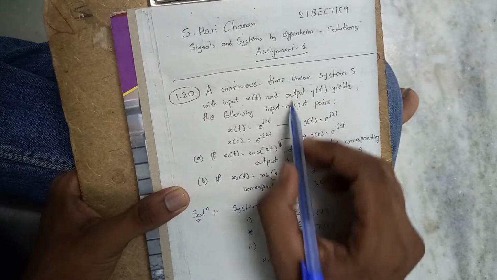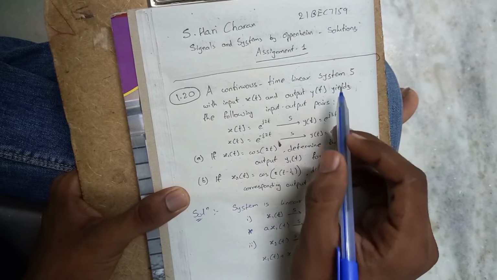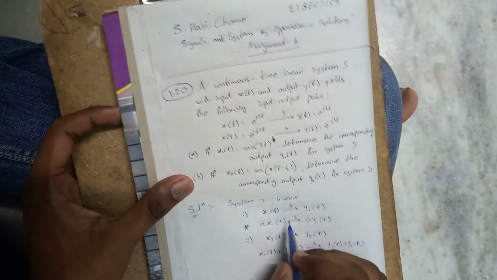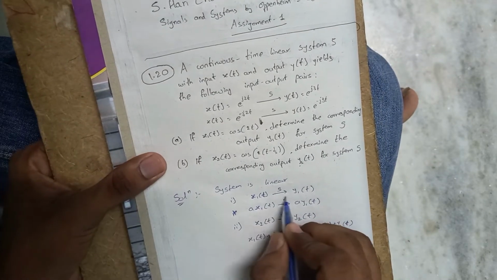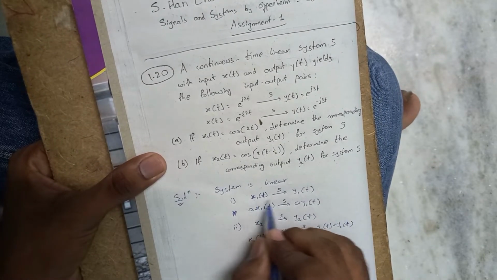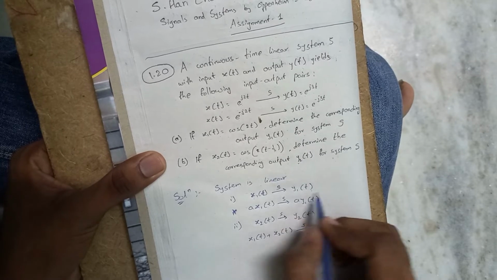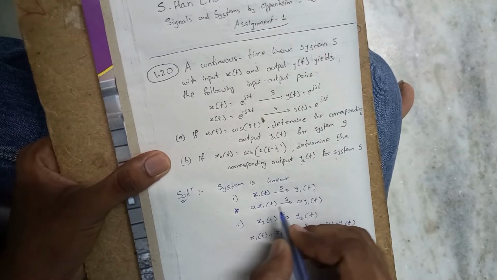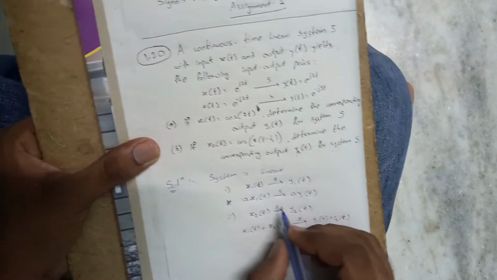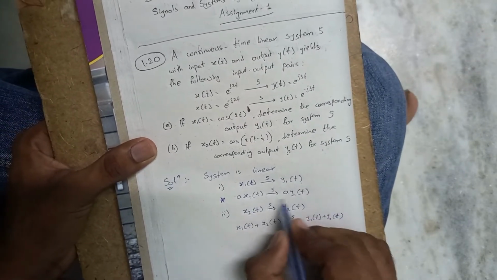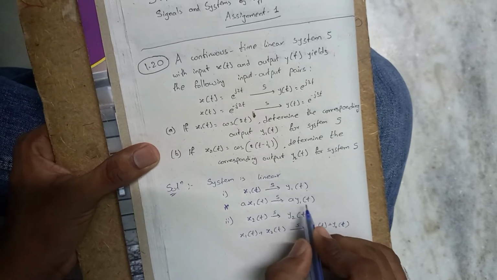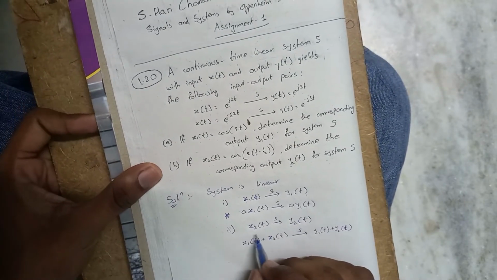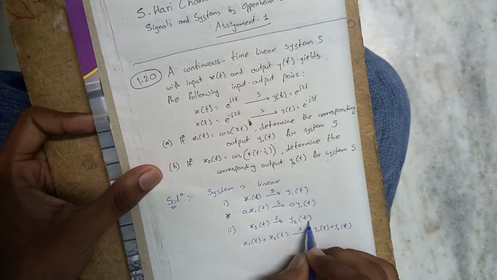Here the given system is a linear system. If the system is linear, it should follow two conditions. First, for the system with input x1 of t and output y1 of t, if we multiply the input with a, we get a into x1 of t, and the output should be a into y1 of t. The second condition is for a system with input x2 of t and output y2 of t.